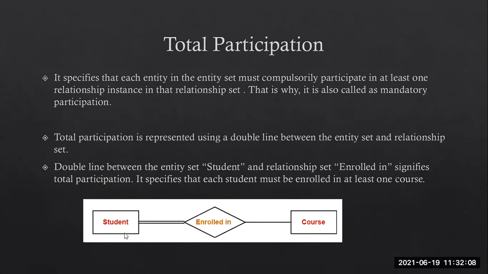None of the students is left empty; everybody is engaged in some course. So, a double line between the entity set student and the relationship set enrolled in signifies the total participation of the student table. It specifies that each student must be enrolled in at least one course. Here we have Java, Advanced Java, and Python. In another example I took, Aishwarya and Sai Prakash have taken Java.